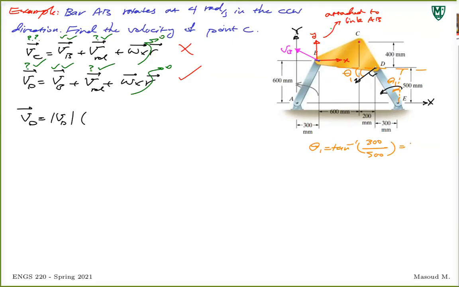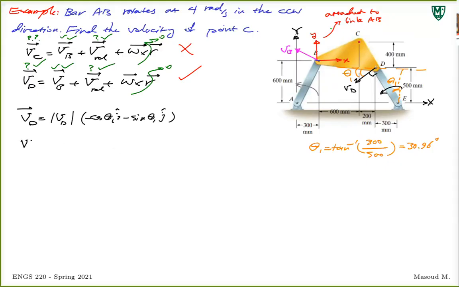I think 30 something. 30.96 degrees, theta 1. Once you know theta 1, you can decompose VD. VD becomes minus cosine theta 1 I minus sine theta 1 J.